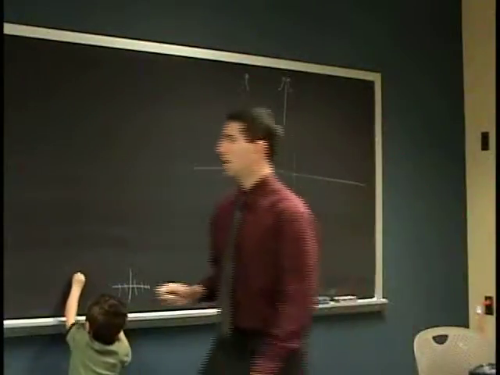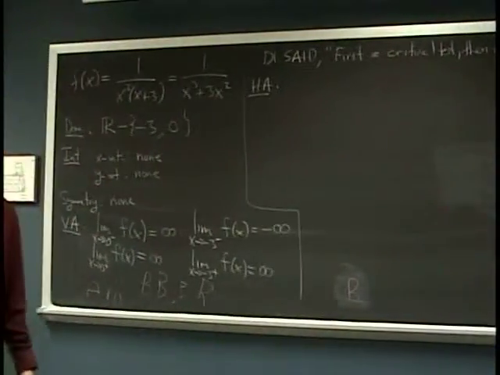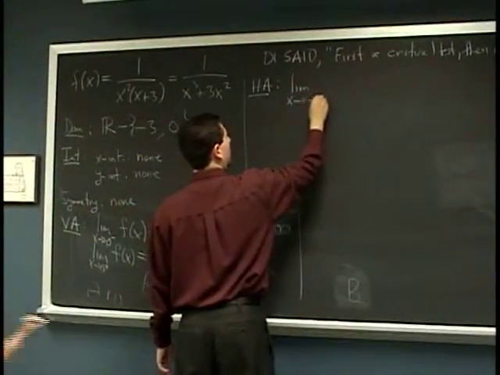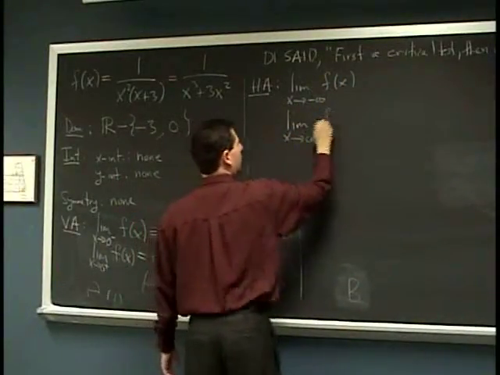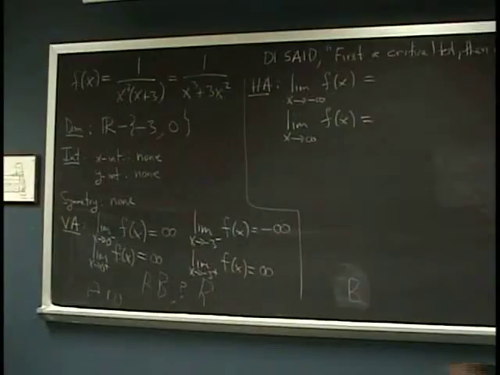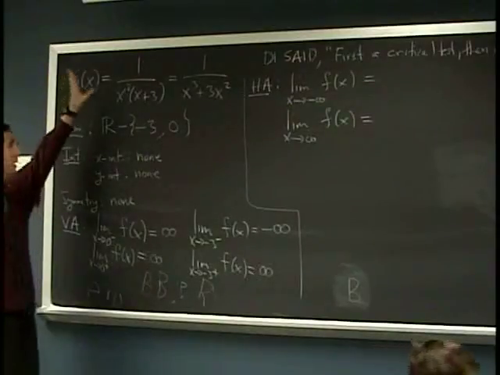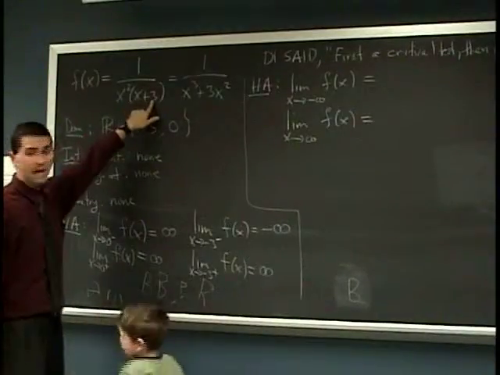Now let's check the horizontal asymptotes. The horizontal asymptotes are found when we take the limit as x goes to plus or minus infinity. As x goes to minus infinity, the x squared is always positive, so it's just going to positive infinity, and this down here is going to negative infinity.